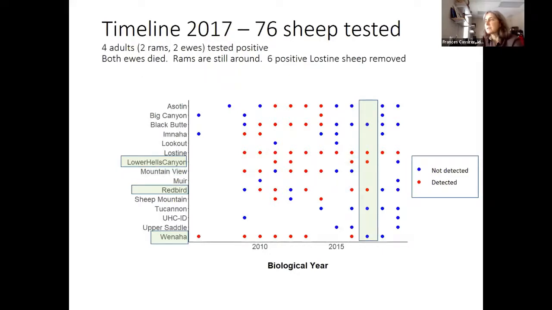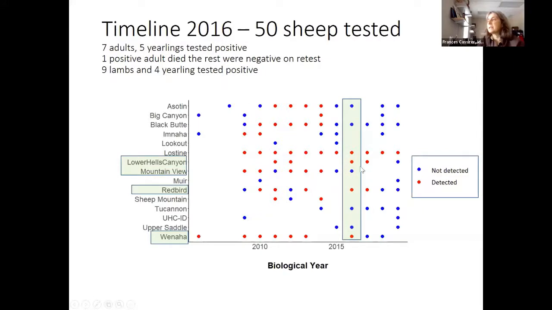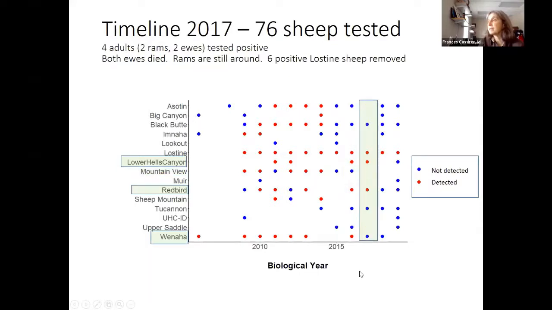So basically, in these populations, one of the sheep that were positive died, and 2 of them in different herds, when we went back to retest them, they were negative.